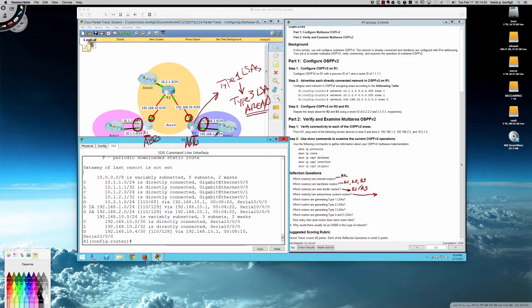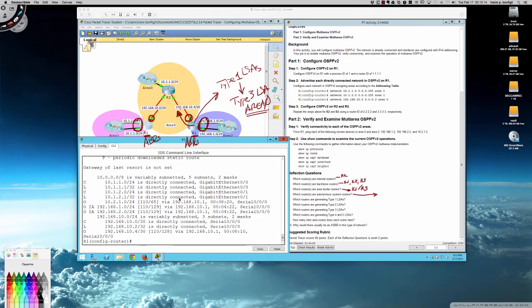So the networks that router 3 knows about that are in area 2, he will learn about those from type 1 LSAs, right? Maybe even his own LSA. And that information will get injected into area 0 as type 3 LSAs.